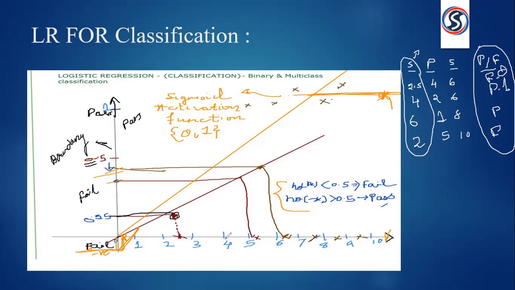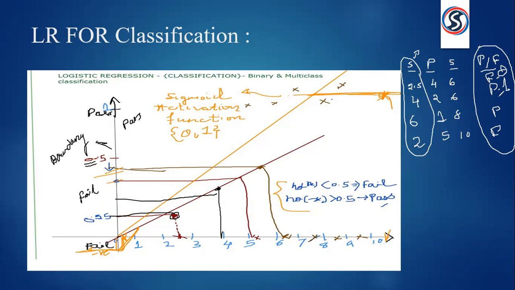Now if I give 4, and suppose this is the straight line I have drawn here, and I join this point and this point, then according to my scenario, if a person is studying for 4 hours, that means he will pass, right?